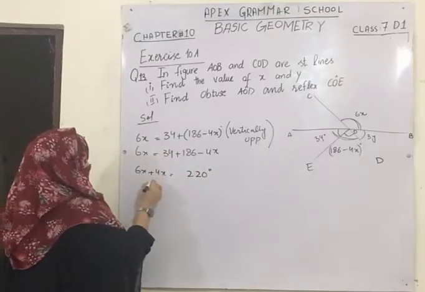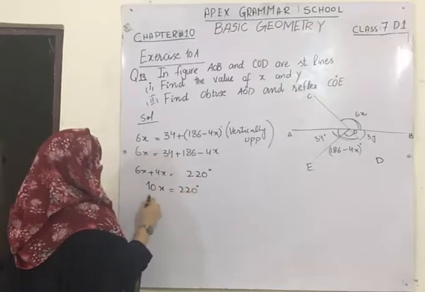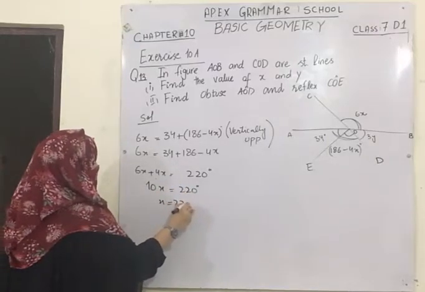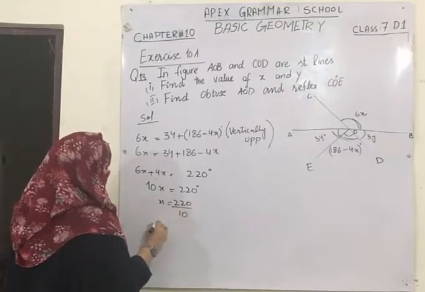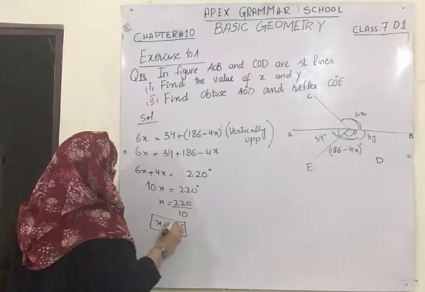When we add 6x and 4x, we get 10x is equal to 220 degrees. 10 is being multiplied with the variable, so on the other side it will be divided. After division, you get the value of x to be 22 degrees.